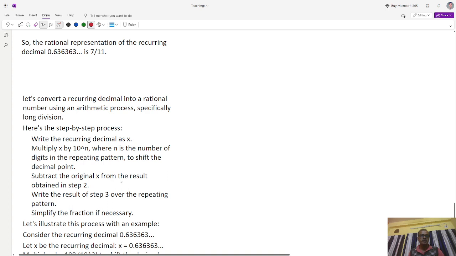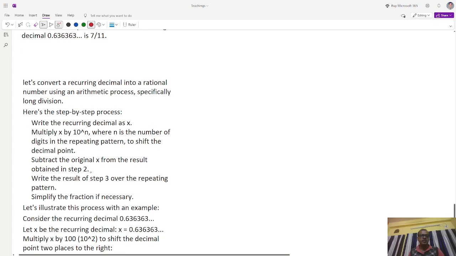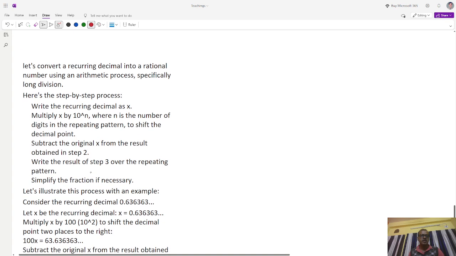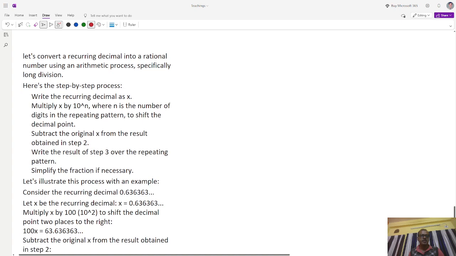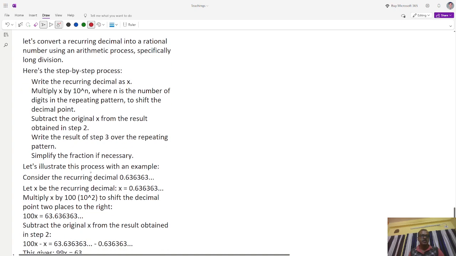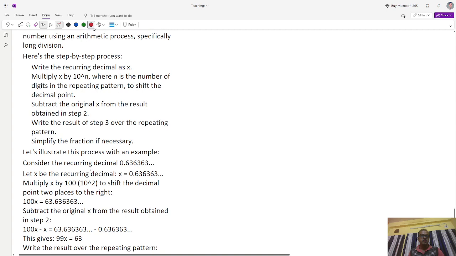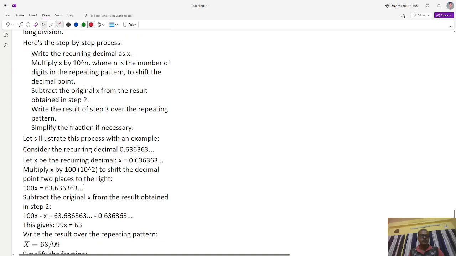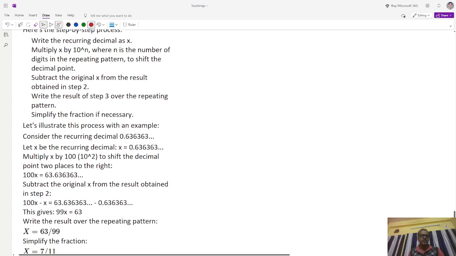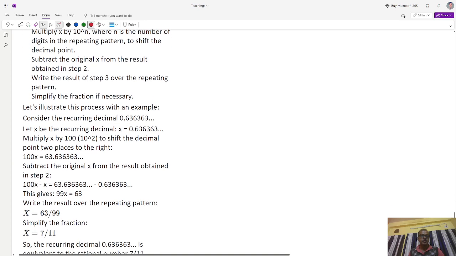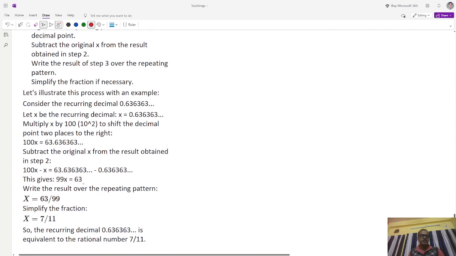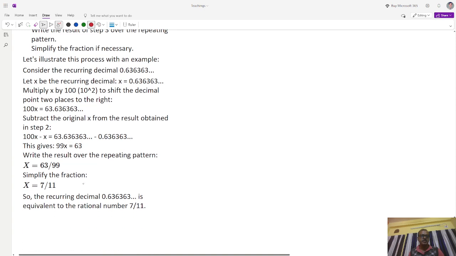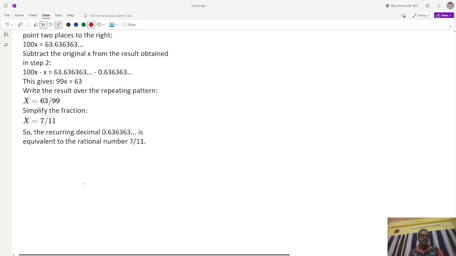Subtract the original x from the result obtained in step 2. Write the result of step 3 over the repeating pattern. Simplify the fraction if necessary. We have taken a similar number and done the process step by step and ultimately get the same result, 7 by 11. Right?